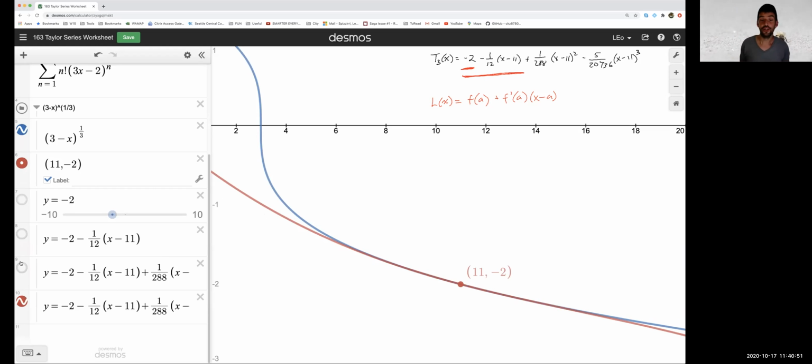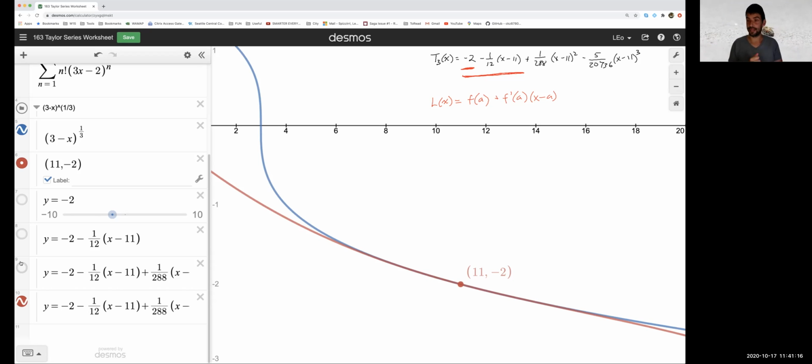So this is now this third degree Taylor approximation to this function, right? So the 0th degree approximation is just the value of the function. The first degree is the tangent line that you learned about in Calc 1. And we continue going with better and better approximations by matching more derivatives.